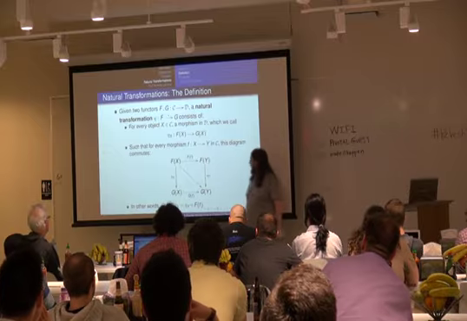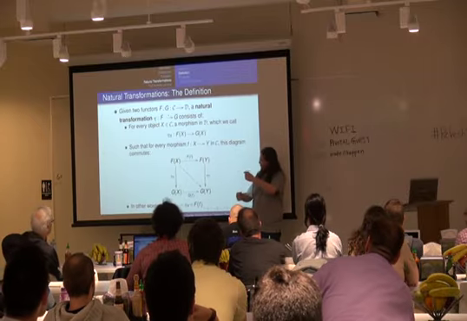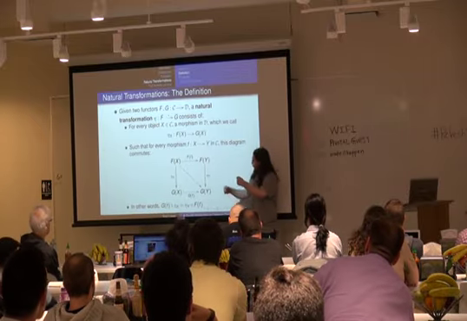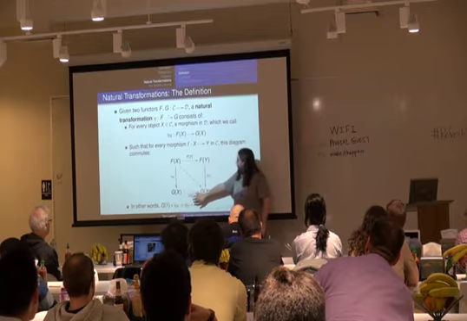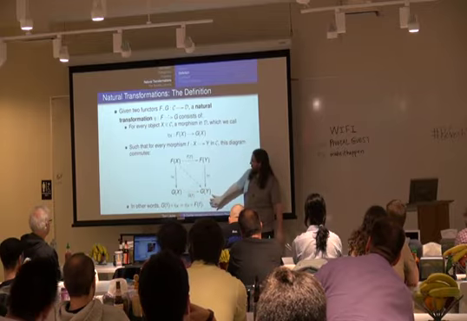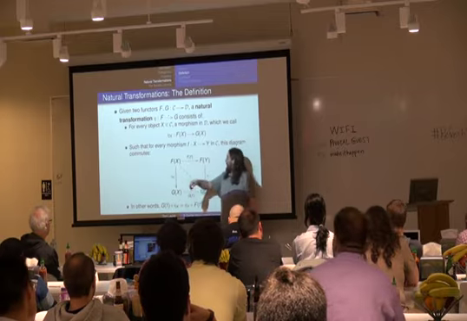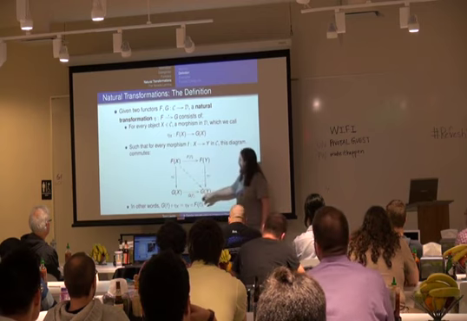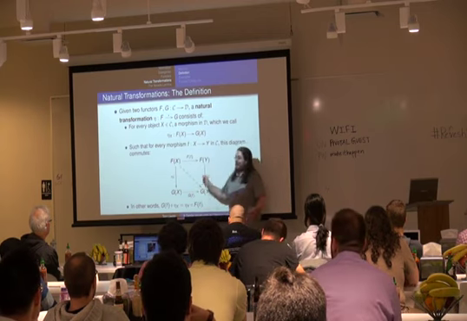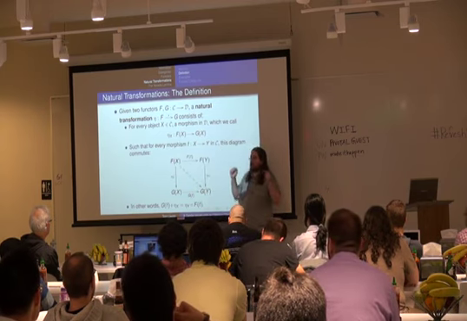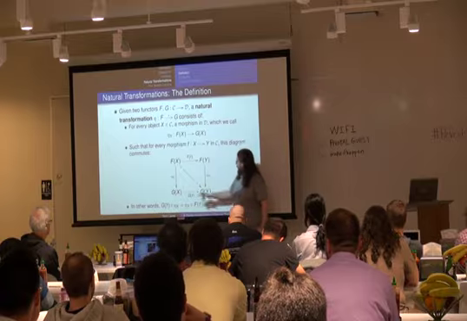Here's what it means. The basic intuition is, if I've got a diagram like this, then no matter where I start and where I end, any path I take from start to finish should be the same.